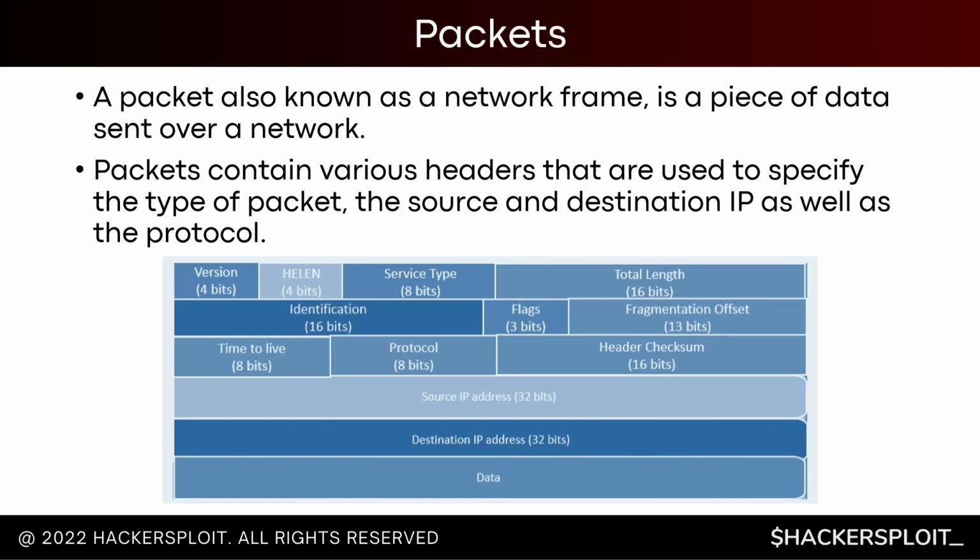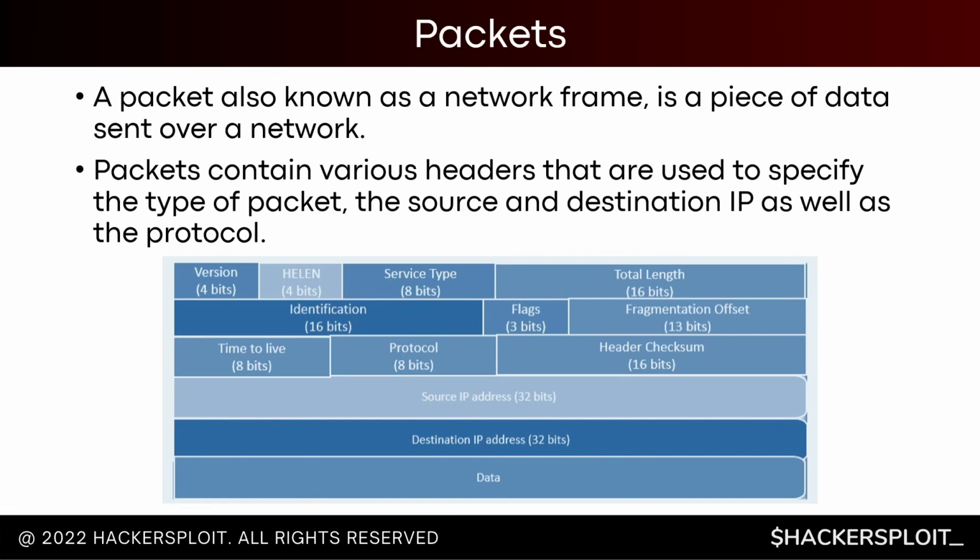You can think of a packet as sort of like a car. The car has a source, where it came from, so your address, and the destination is wherever you're going. In order for a packet to be sent across a network, the two important pieces of information that are required are the source IP address and the destination IP address.